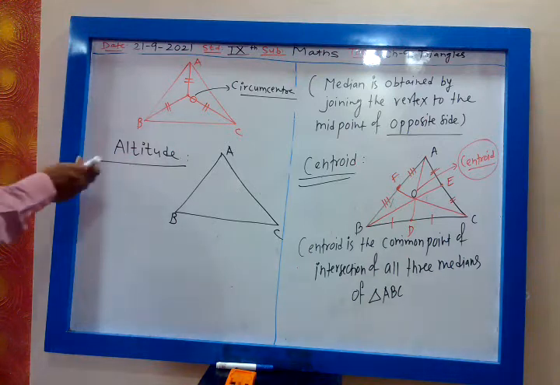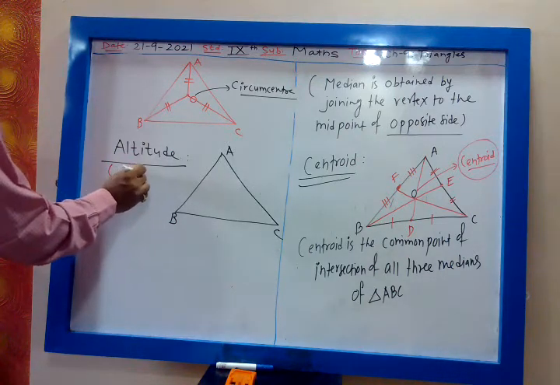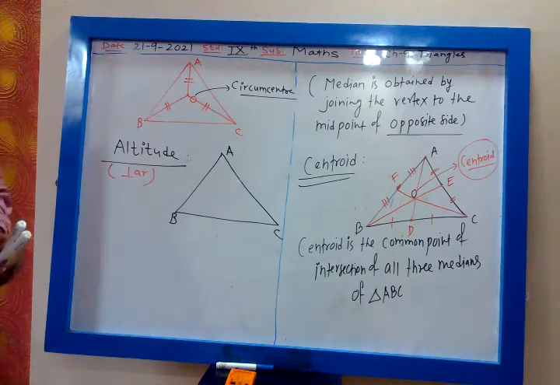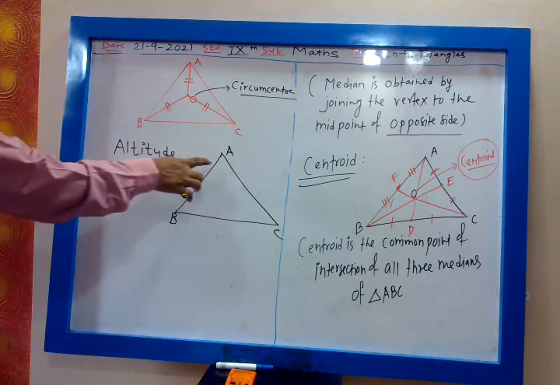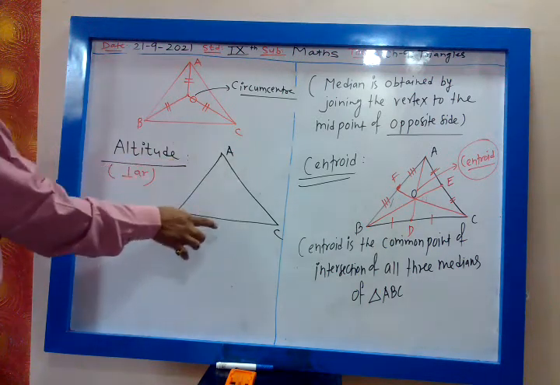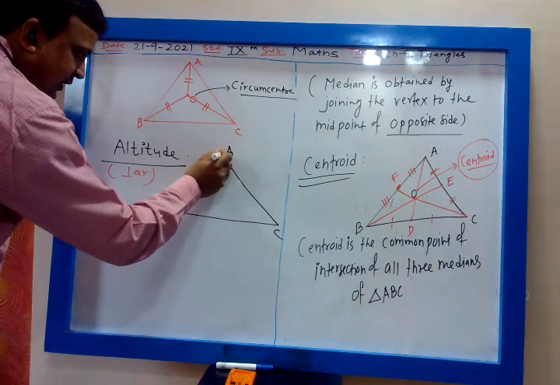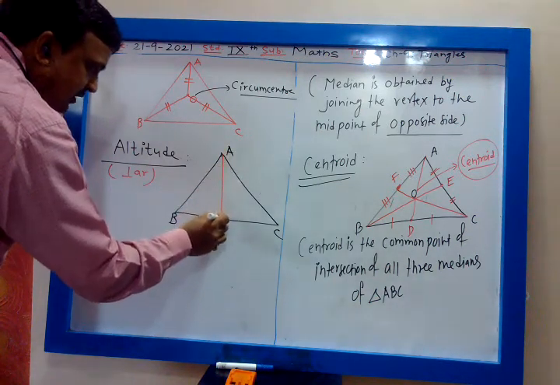Altitude means perpendicular. Median means bisector, altitude means perpendicular. So from each vertex, we draw a perpendicular to the opposite side.